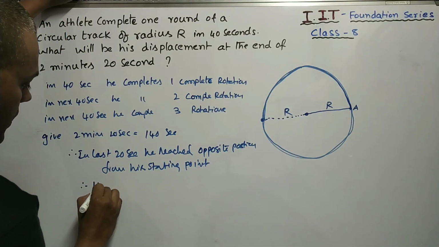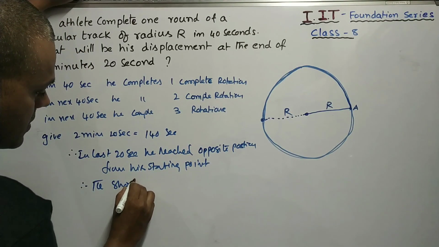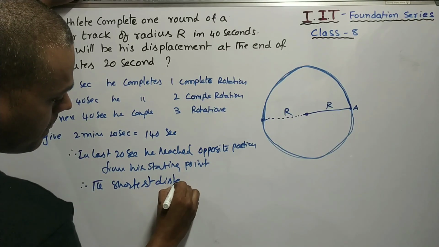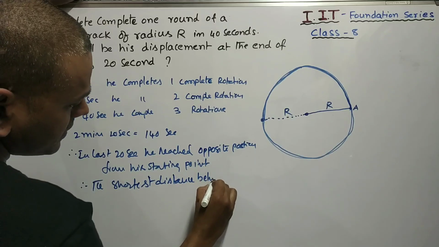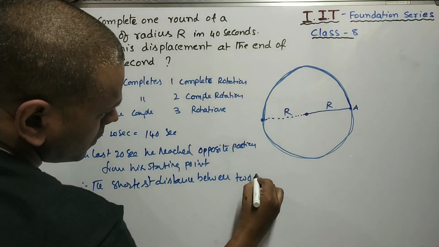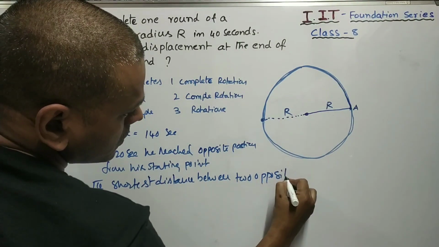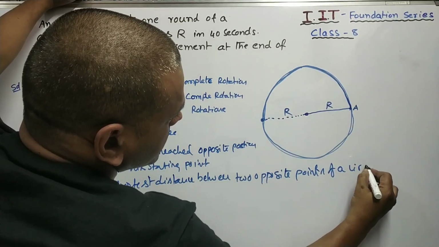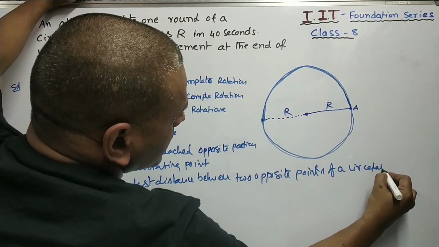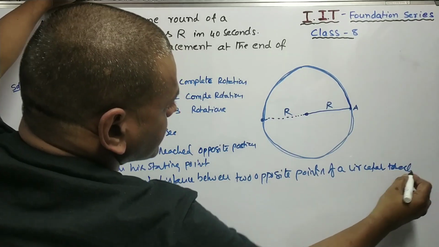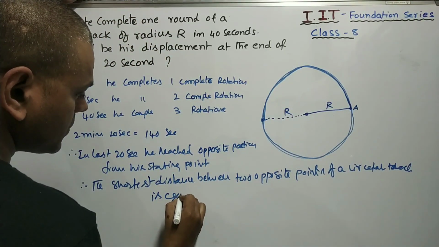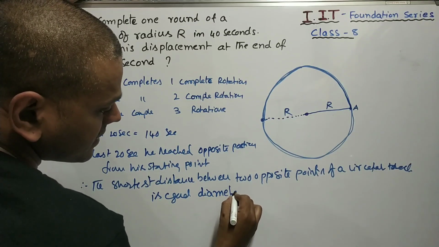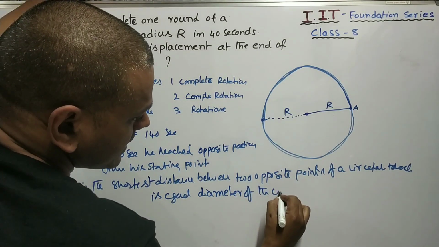Therefore the shortest distance between two opposite points of a circular track is equal to the diameter of the circle.